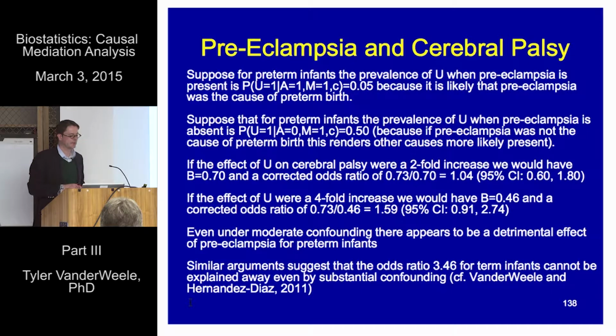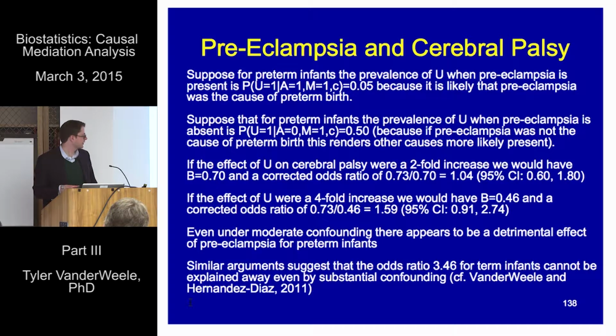And we could go through similar arguments for the direct effect for term infants, which ends up in this example suggesting that 3.6 might be an exaggerated estimate. The actual effect might be somewhat smaller, but it would take very substantial confounding to really explain that odds ratio of 3.4 away completely.